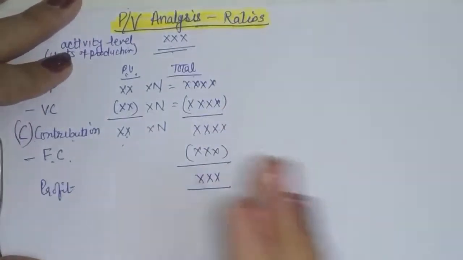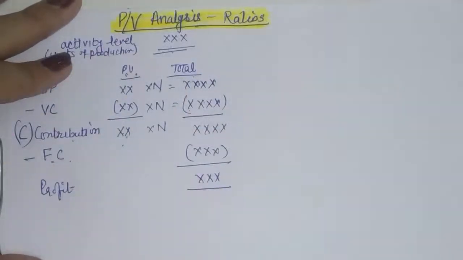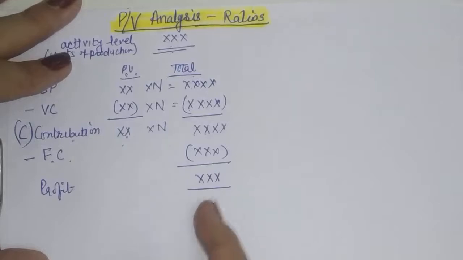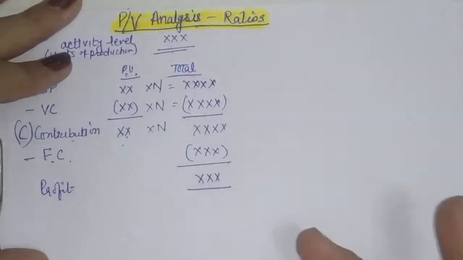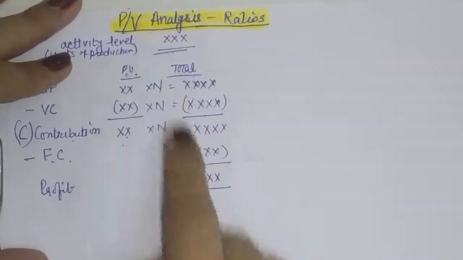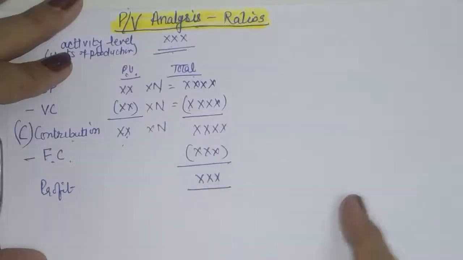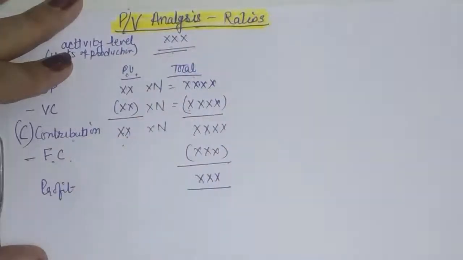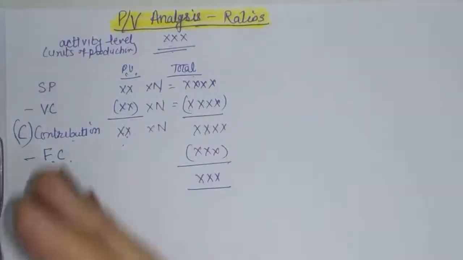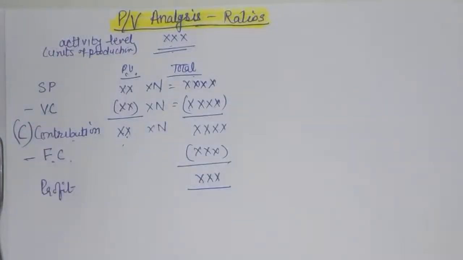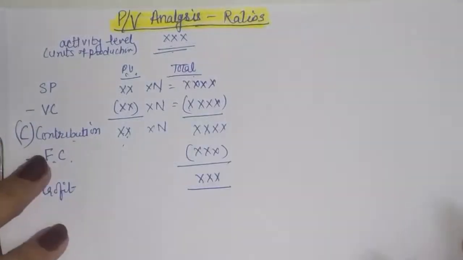So whenever you will increase your activity level by say 10,000 units or by say 10%, your change in the profit is going to be same. So profit is not directly related, but change in profit is related to change in activity level. So we'll make use of this basic information to make formulae for PV analysis.